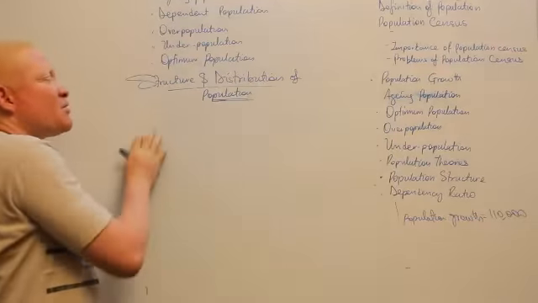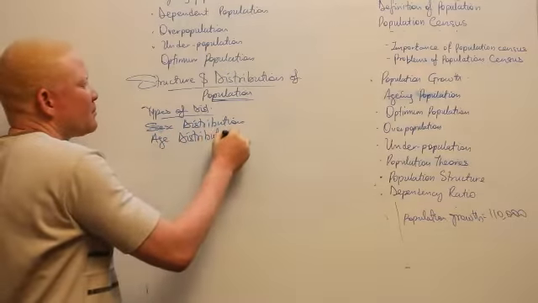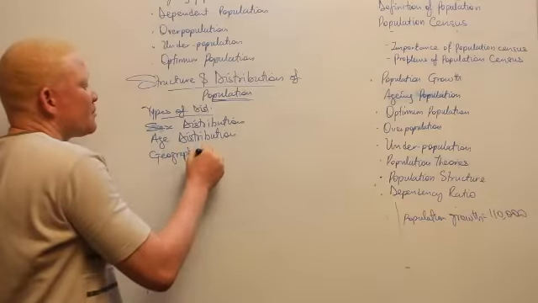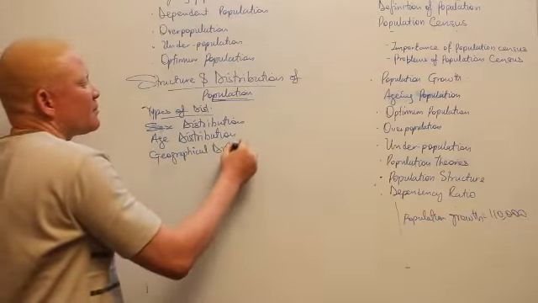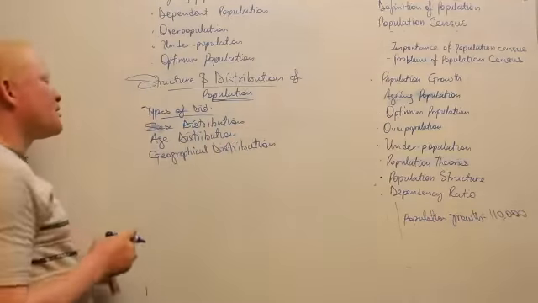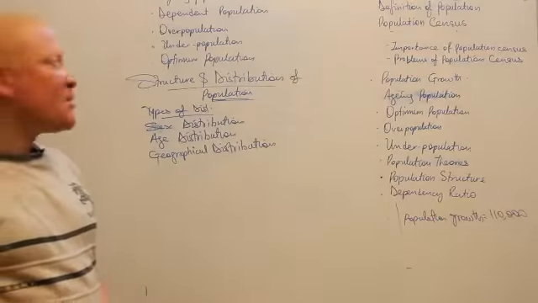Types of distribution in population: we have sex distribution, age distribution, and geographical distribution. Now we look at the first one.